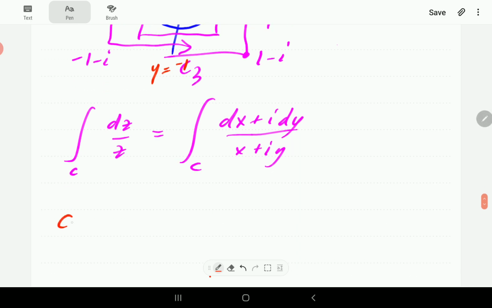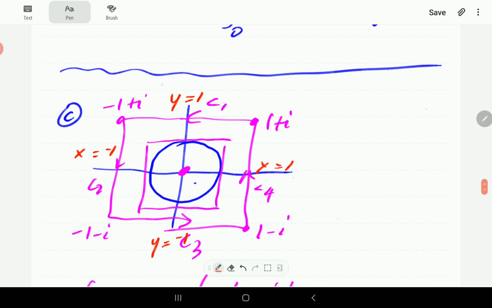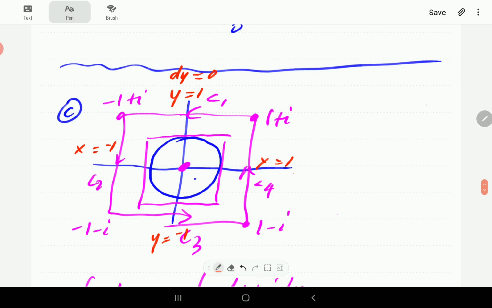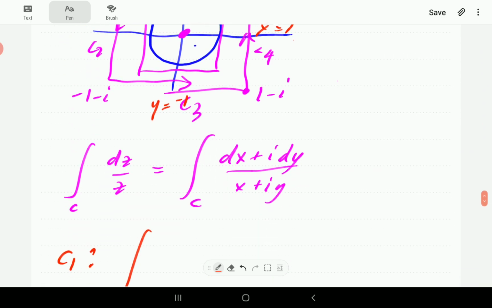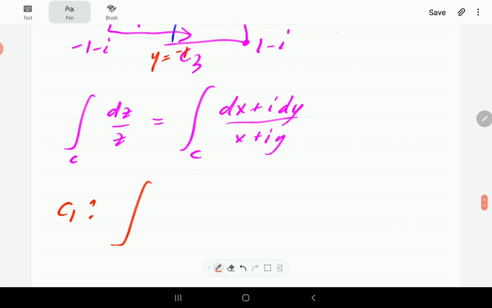So let's start with C1. If y is 1, then dy is 0. I'm going to go through this relatively quickly, because we've already done this type of thing in the last few videos. So dy is 0 here, and when we come across y, we plug in 1.